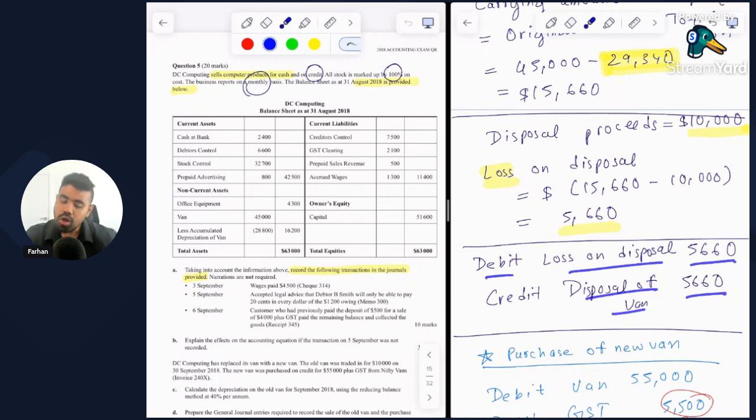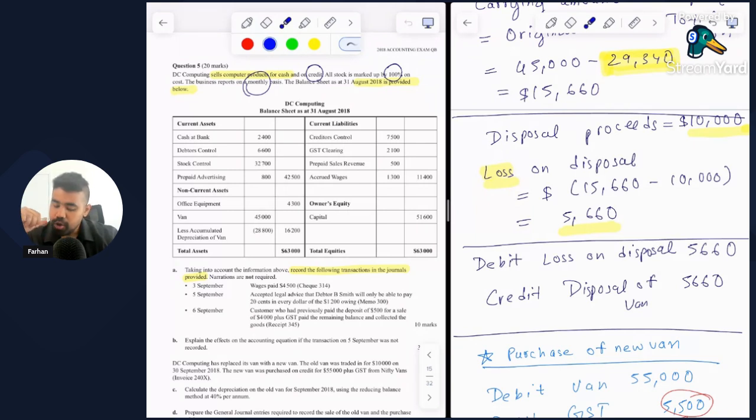Okay? All right. So step 1, write off or remove accumulated depreciation so far up to the disposal date. Then step 2 is to remove the original cost. Step 3 is to calculate the profit or loss on disposal and then do the necessary entry.